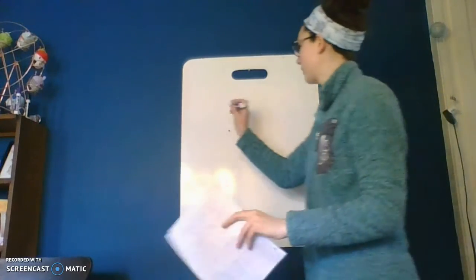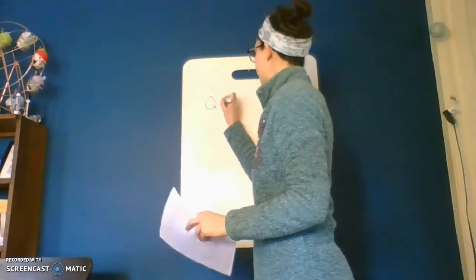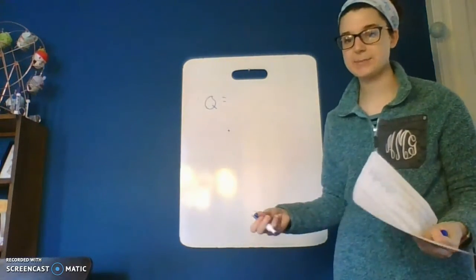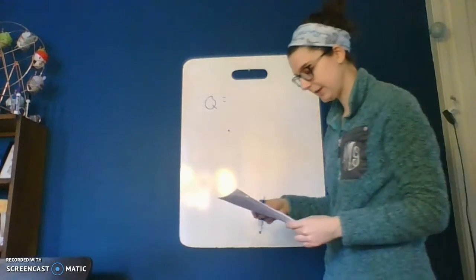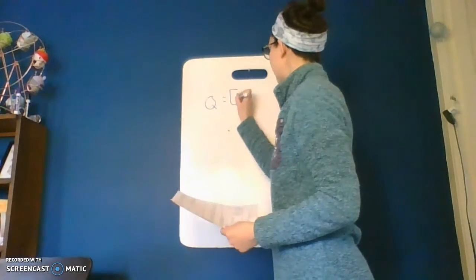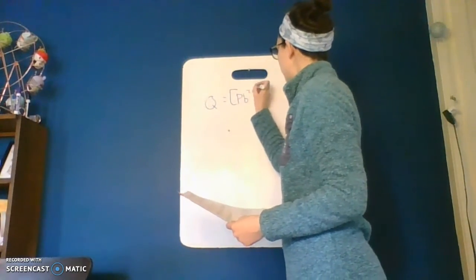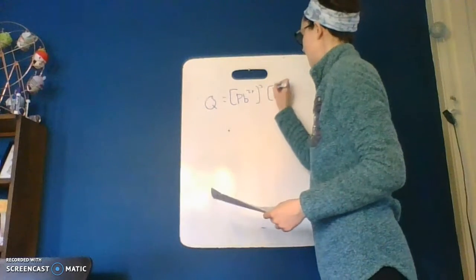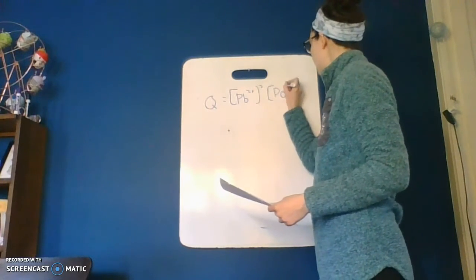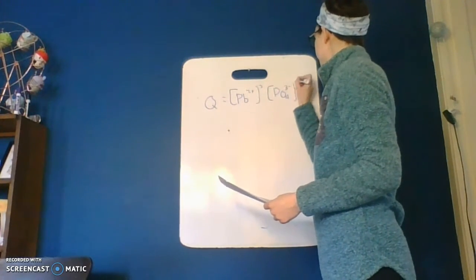So for Q, remember our Q expression is going to be the same as the Ksp expression, just at a different point in the reaction. So I still have the concentration of lead ions cubed times the concentration of phosphate ions squared.